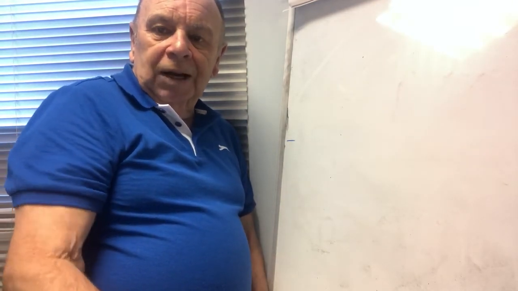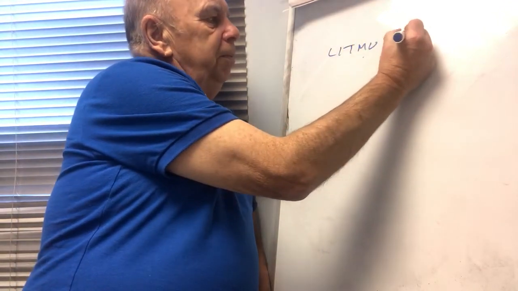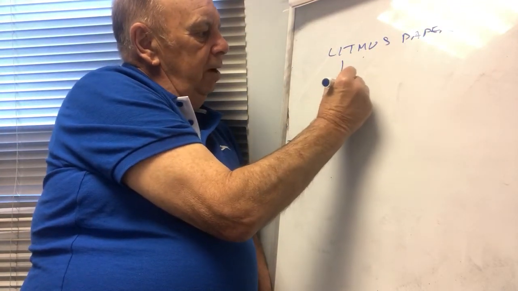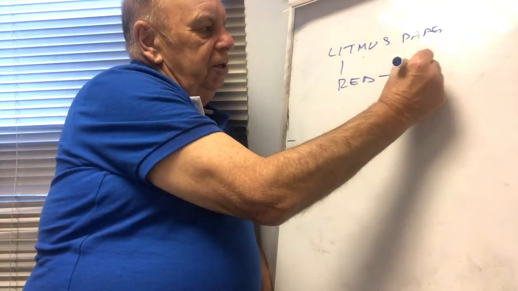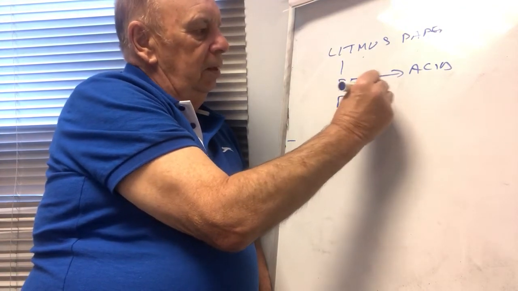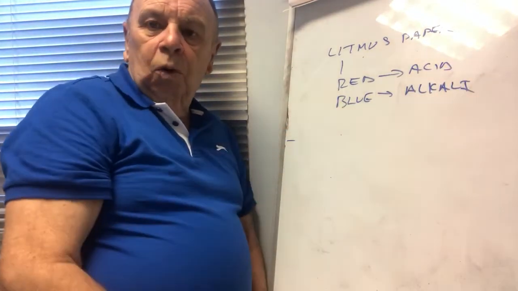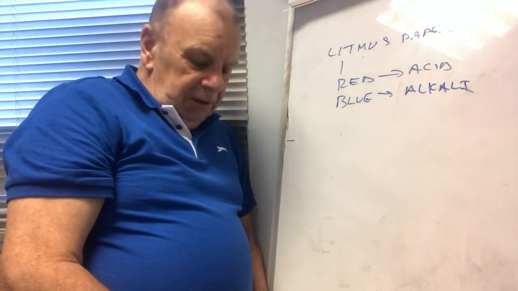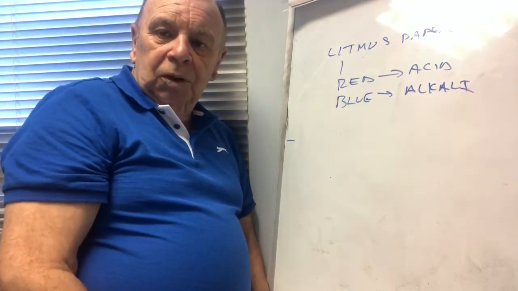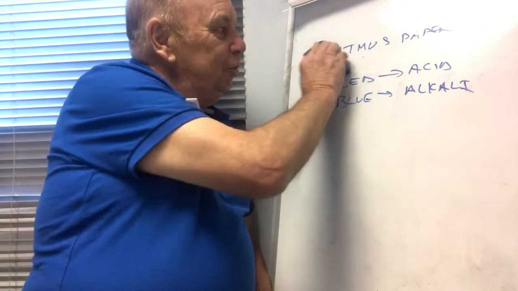You dip your acid in litmus paper, and if it turns red, it's an acid, and if it turns blue, it's an alkali. That's one way, and the other way is you can get a special paper that's called pH paper, which measures the pH of a solution.